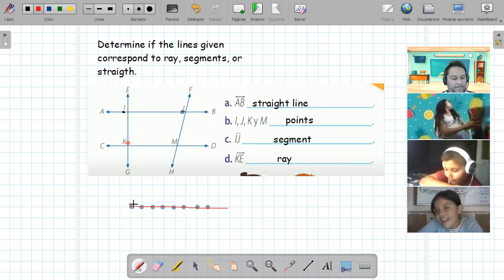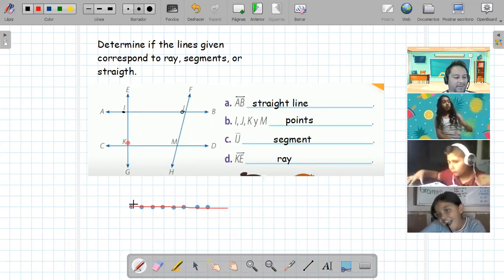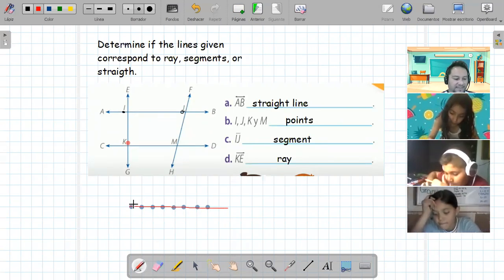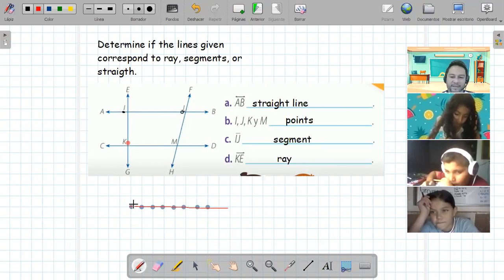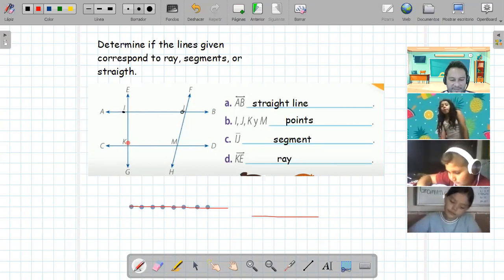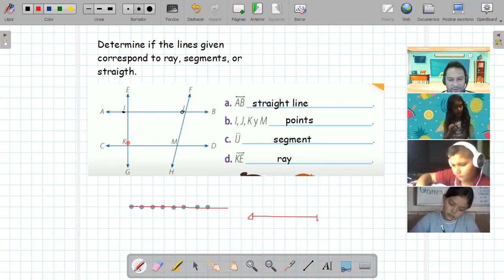The ray. Okay, I'm going to read again. It is a part of a straight line, one part of the straight line that has a beginning and an end. The segment. Because remember that this is the line that we have here.